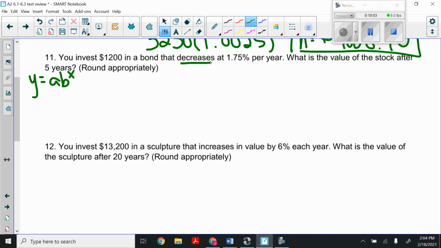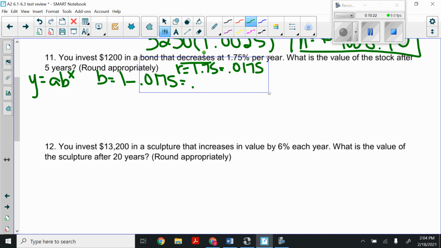It decreases, so this is a decay, so my b is going to be 1 minus, okay, my rate was 1.75, but I have to put that as a decimal, so 0.0175. So 1 minus 0.0175, that's going to get us our b. When we do that, we get that b is 0.9825.